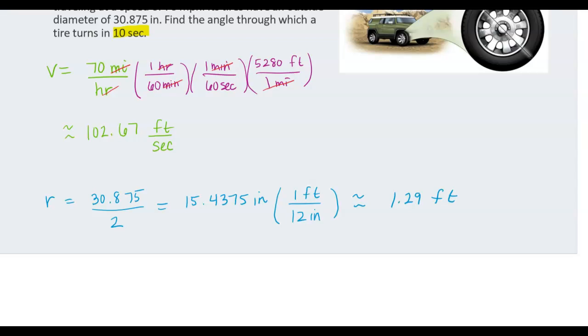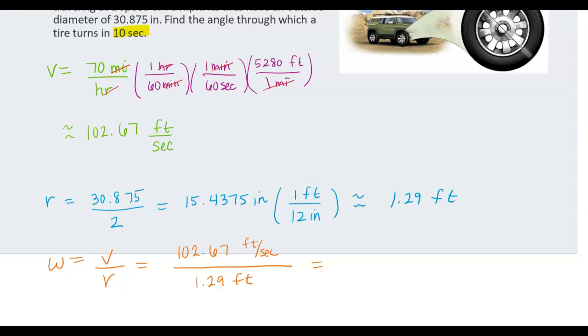Okay. I think we're ready to calculate now. We're trying to find the angle. We know that the angular speed is equal to the speed, 102.67 feet per second, over the radius, 1.29 feet.